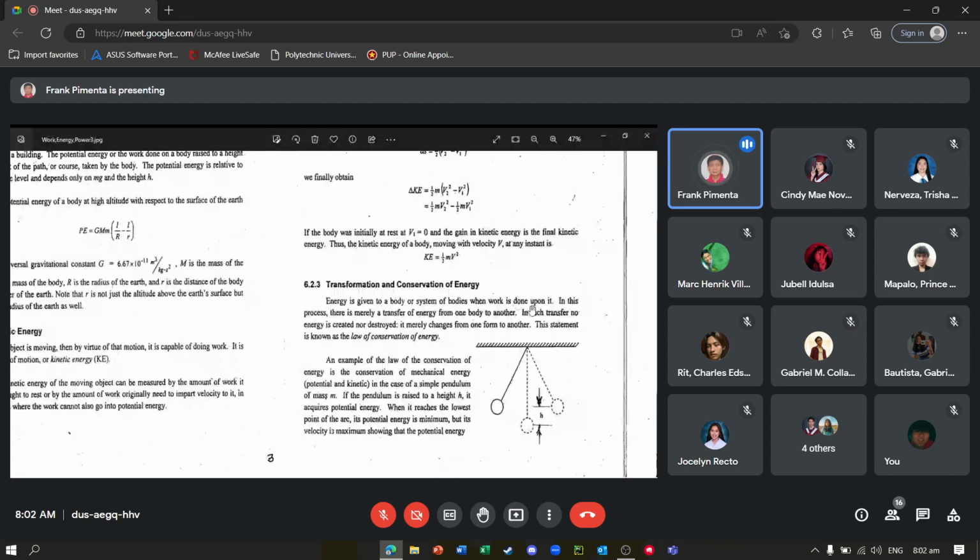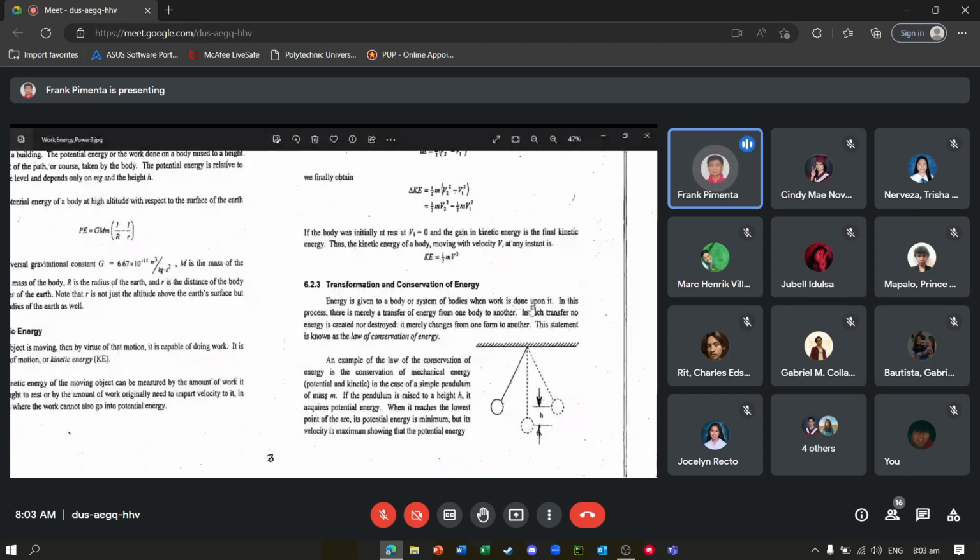So it will stop here, velocity 0. If the velocity is 0, there is no kinetic energy. Okay. Bakit walang kinetic energy? Because the formula for kinetic energy is 1/2 mv squared. So pag v is 0, walang kinetic energy.